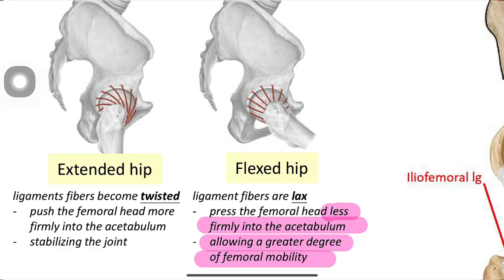If you're standing upright and you try to do your circumduction, you only have a very small angle to achieve. If you're sitting, you can do a greater one, right? This is because you loosen all these ligaments, so you can allow greater flexibility.